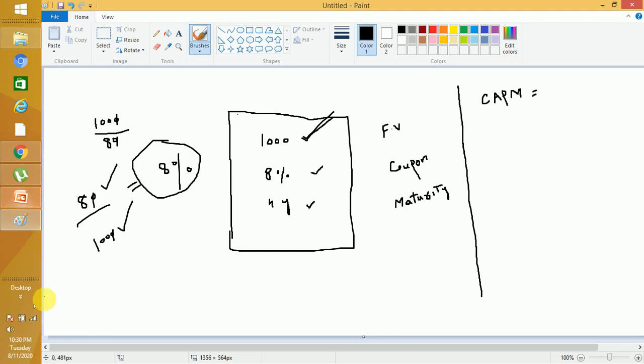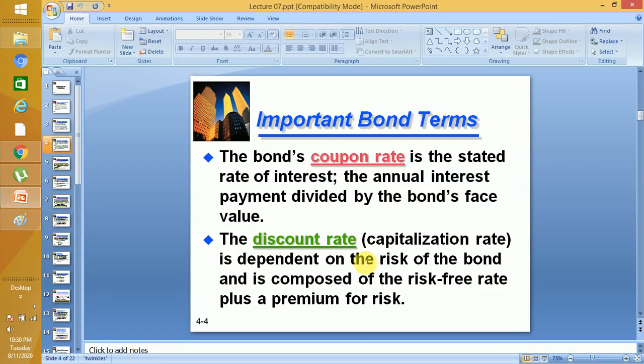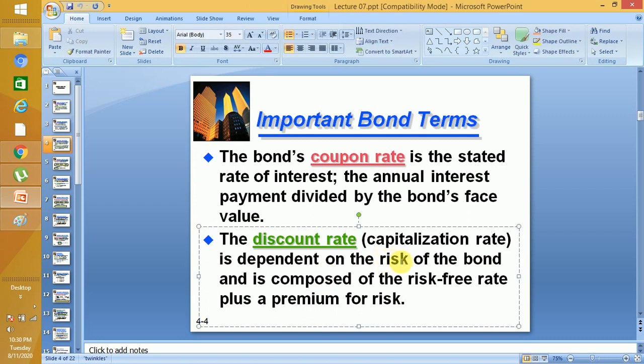It depends on that CAPM model. The discount rate or capitalization rate is dependent on the risk of the bond. If a bond is risky, the discount rate or capitalization rate will be high, and it is composed of the risk-free rate plus a premium.